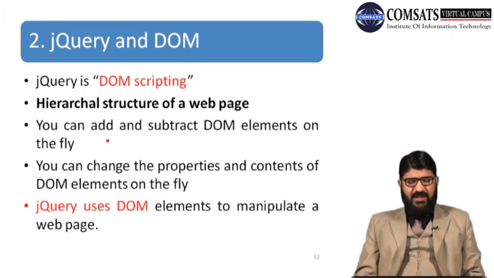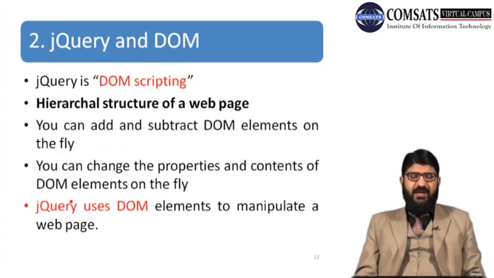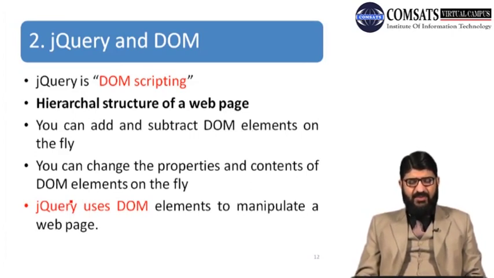You can also change different properties and contents of DOM elements during runtime. The properties can be set and can be retrieved with the help of these DOM elements as well. And jQuery uses the DOM elements to manipulate a particular web page.